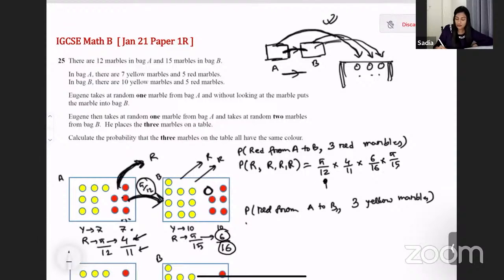So this is the first phase where you just removed one marble from bag A and then placed it in bag B. And this 3 part is selection of the 3 marbles, 1 from bag A and 2 from bag B. So that will give us a total of 5 by 264.